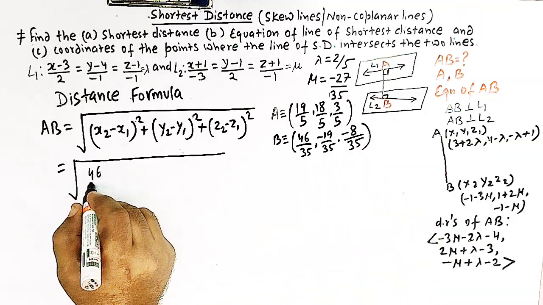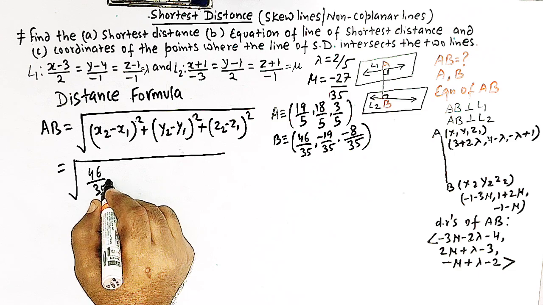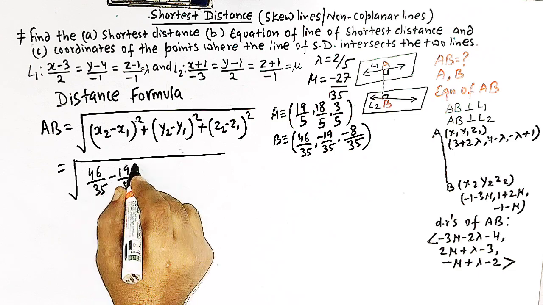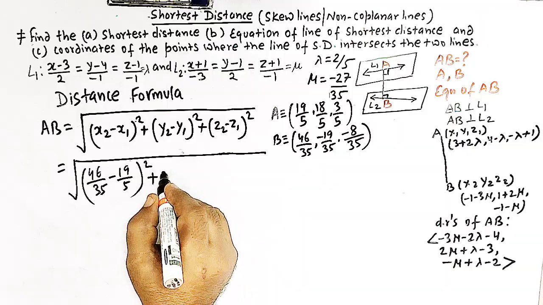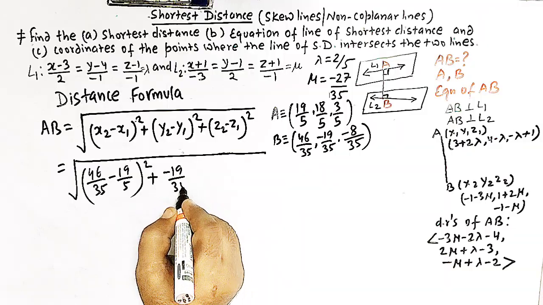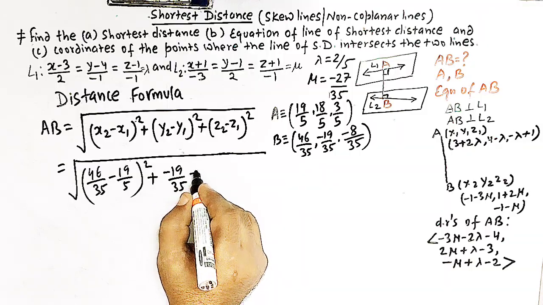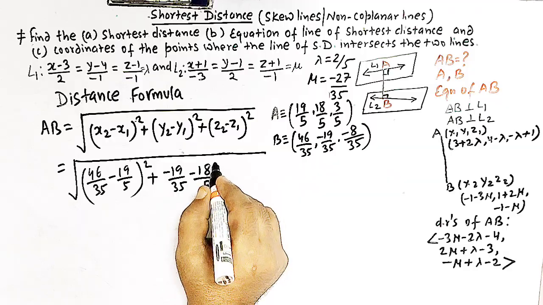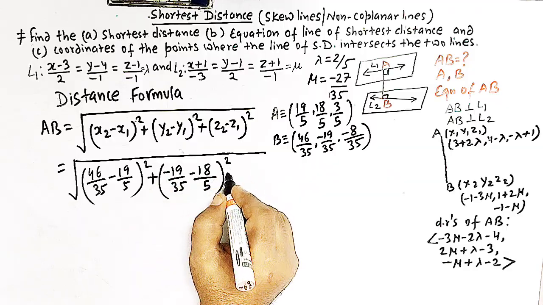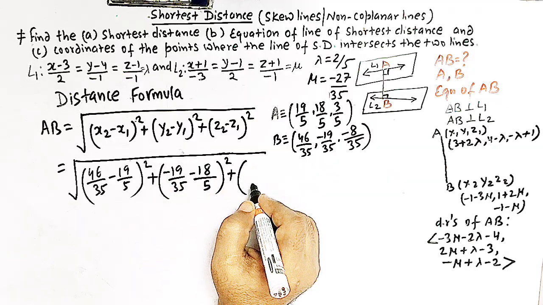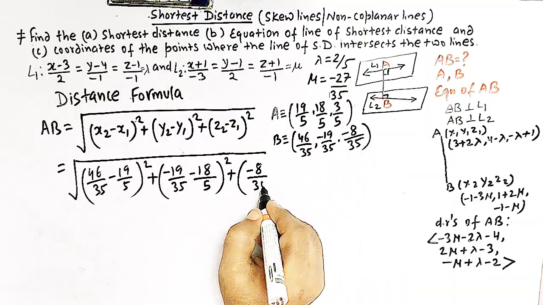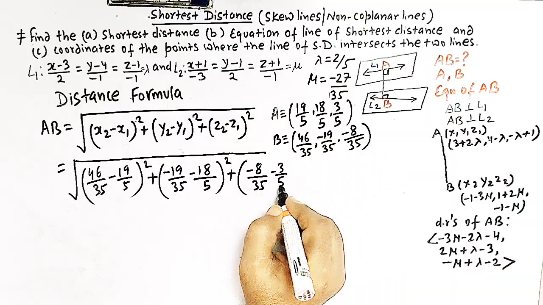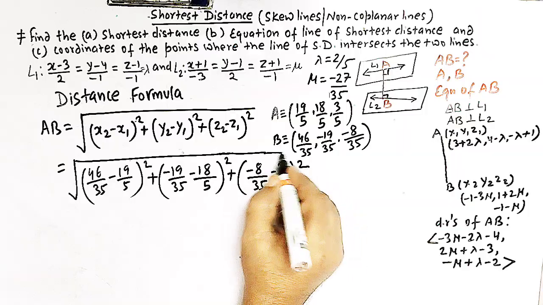So we have 46 over 35 minus 19 over 5 square, then minus 19 over 35 minus 18 over 5 square, and then minus 8 over 35 minus 3 over 5 square, right?